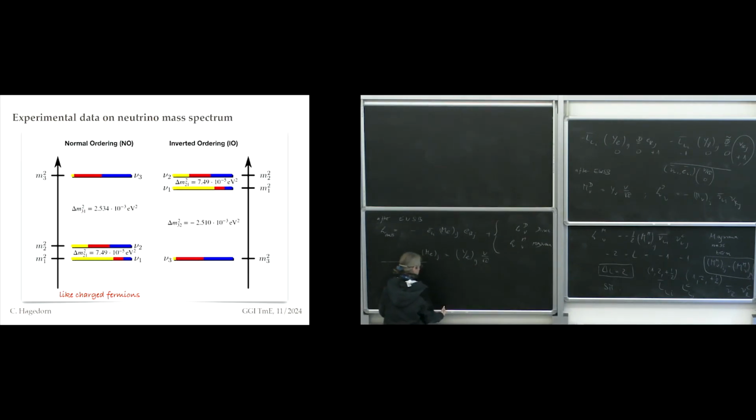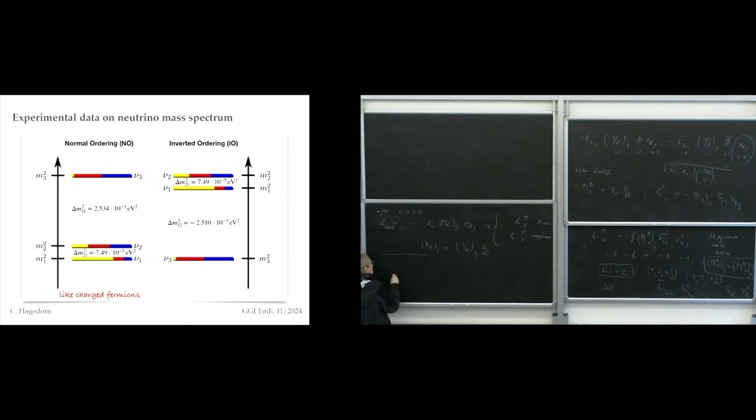So what happens if we go to the mass basis? We apply unitary transformations. Let me introduce the following notation. I call E_L a vector which contains the three left-handed charged leptons. I can write it as a unitary matrix times a vector which I call E_L^M, the mass basis, where my particles are all in the mass basis.